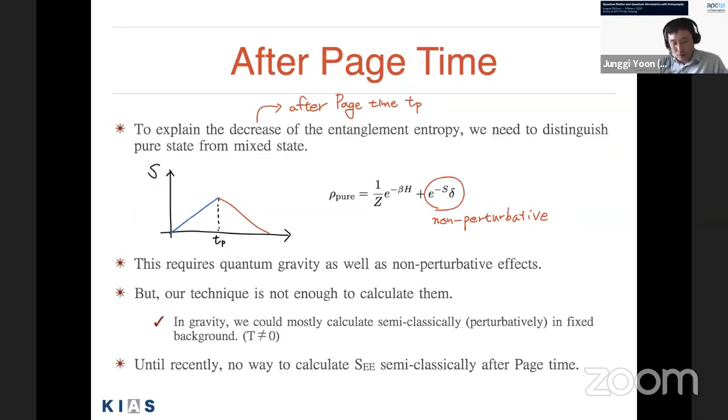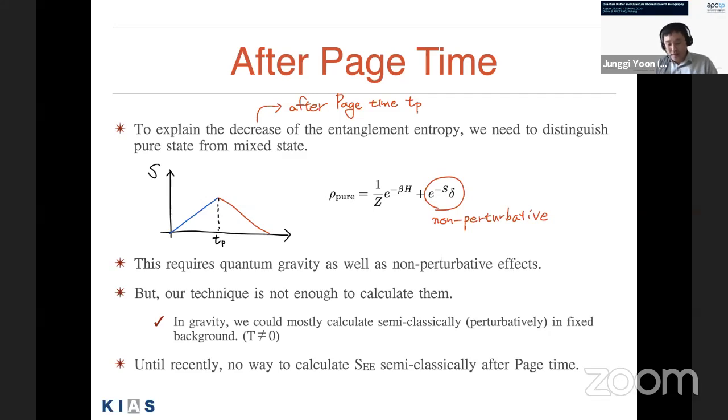So now we will focus on after the Page time. Because at early times, we know that the semi-classical calculation is enough to reproduce the increase of the entanglement. However, in order to explain the decrease of the entanglement entropy after the Page time, I mentioned that we need to distinguish this pure state and the thermal state, or we have to take care of the non-perturbative correction. In this case, you would require quantum gravity, and you have to capture the non-perturbative effect very precisely.